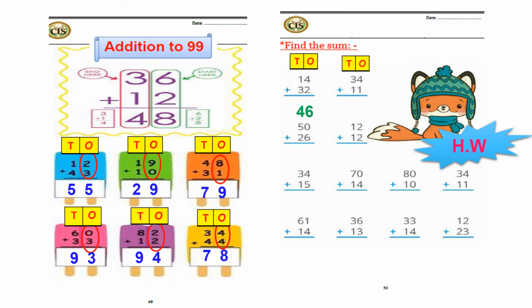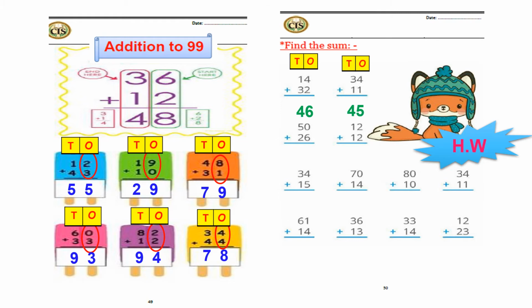34 plus 11. Ones with ones, tens with tens. 4 plus 1 equals, count after 4, 5. 3 plus 1, after 3, 4. So the sum is 45. 50 plus 26. Ones with ones, tens with tens. So 0 plus 6 equals 6. 5 plus 2, count after 5, 6, 7.